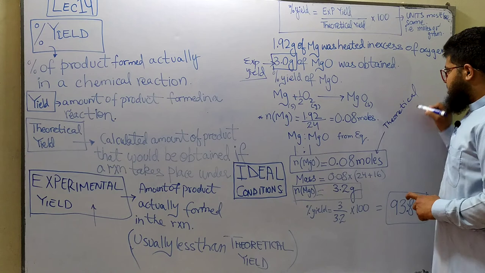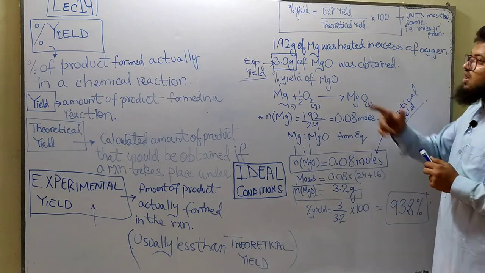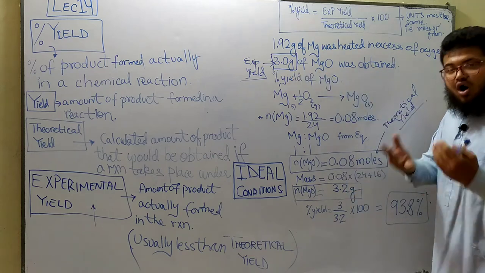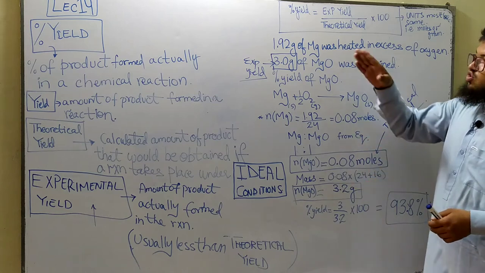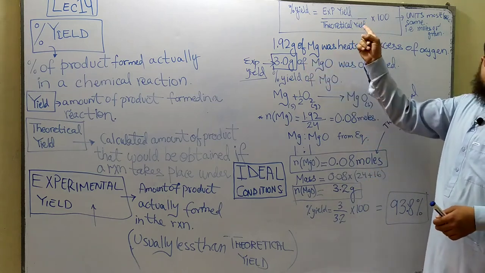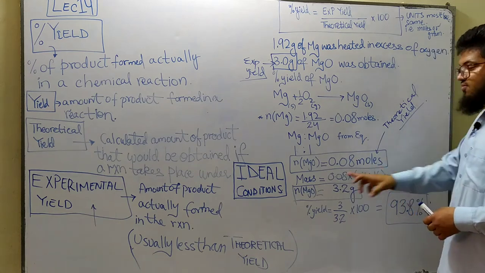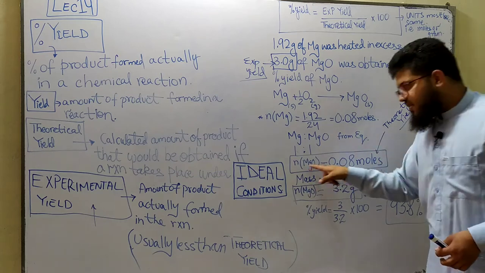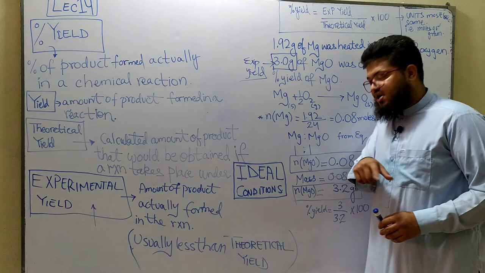Now I can either leave this in moles and convert the 3 grams also into moles and plug it into this equation, or I could convert the moles into mass and then use that mass and plug it into the equation and get my answer. So I'm going to convert this into mass. For mass, I can use the formula moles multiplied by Mr of magnesium oxide, because it's the mass of magnesium oxide that I'm calculating, right?